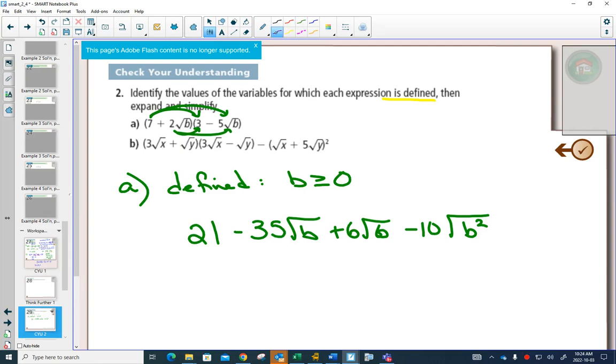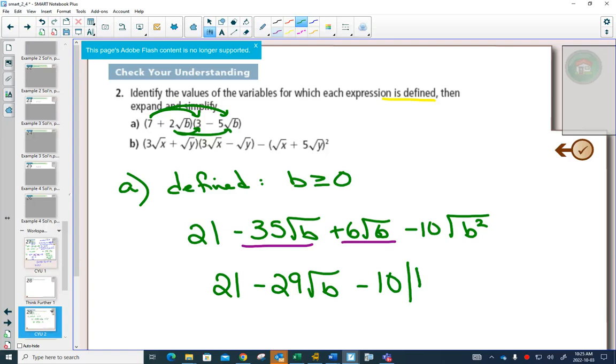So we notice, to simplify, these are like radicals. So I'd have 21, negative 35 plus 6 will give me negative 29 root b's. And then, what's the square root of b squared? It is b, technically, absolute value of b.